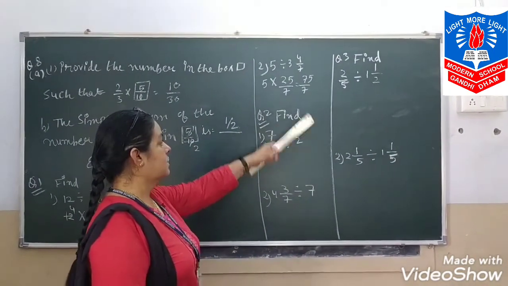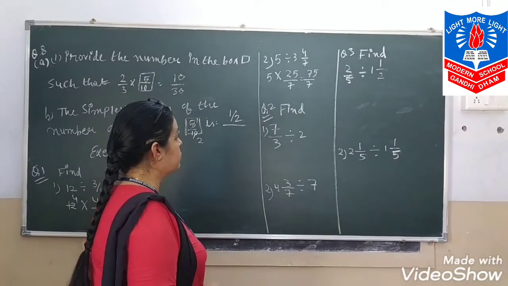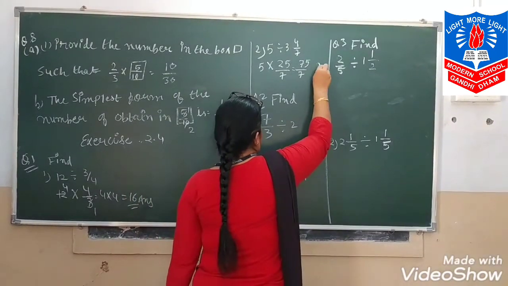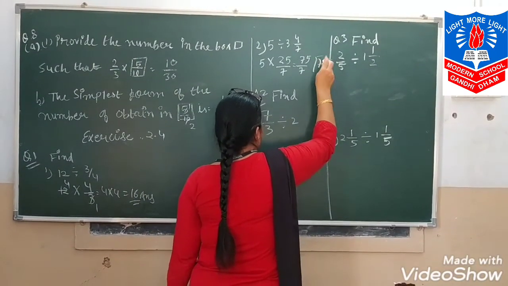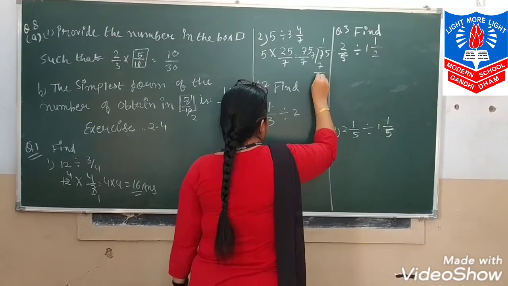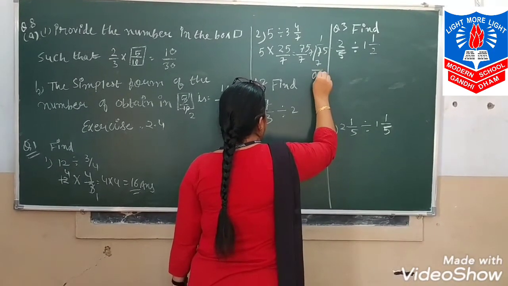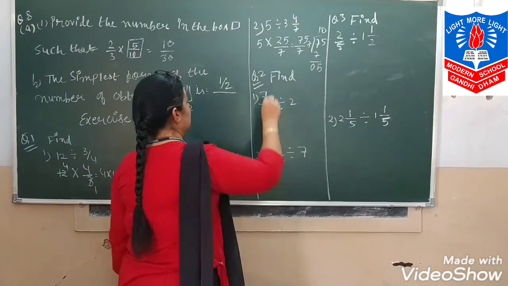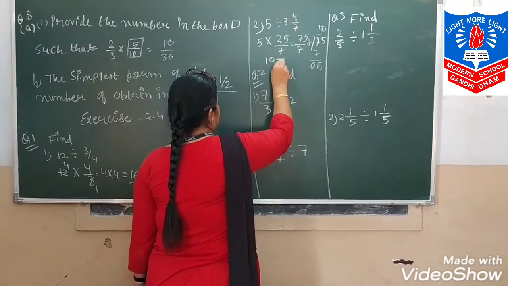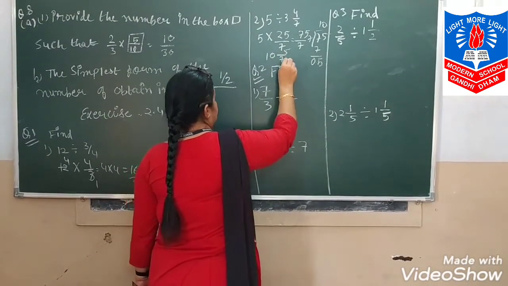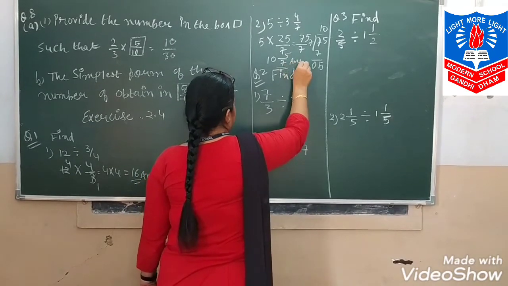Here is an improper fraction, so we convert it into a mixed fraction. I explain by division: 7 ones are 7, 7 tens are 70, remainder 5. It's not divisible further, so write there 0. So 10 integer 5 upon 7 is your answer.